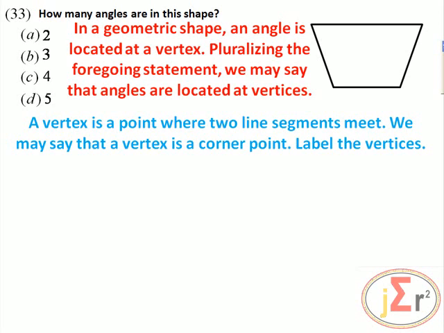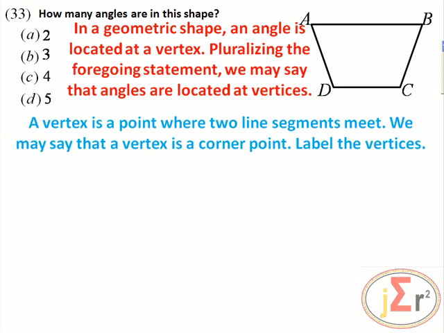So let us label the vertices. A vertex is a corner point, or a vertex is a point where two line segments meet. So there are your vertices.